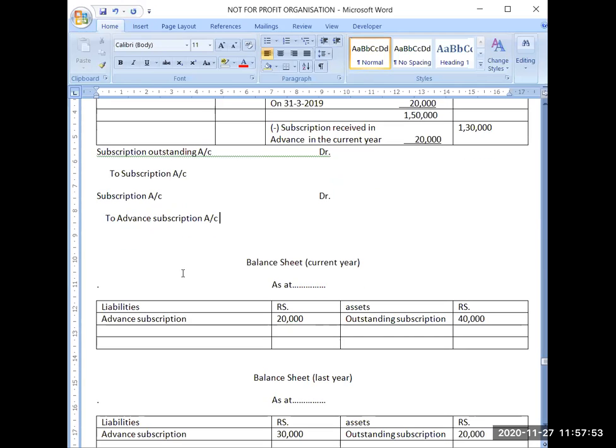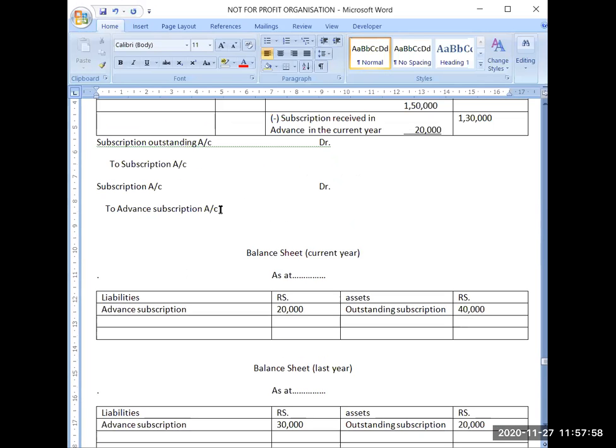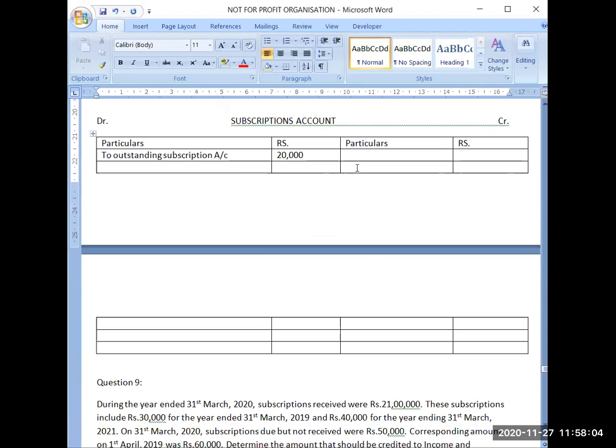Now in the current year this entry will be reversed, and this entry will become advance subscription account debit to subscription account. So here we will be writing by advance subscription.